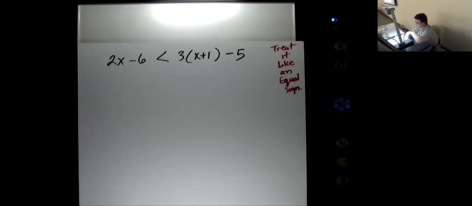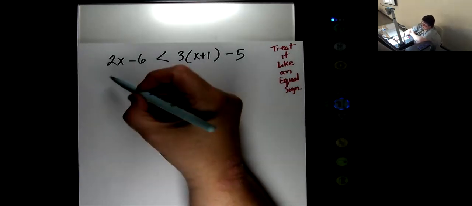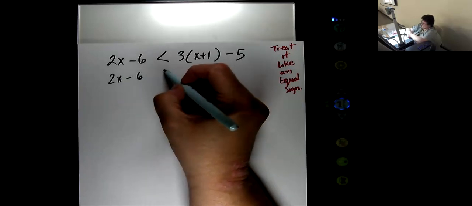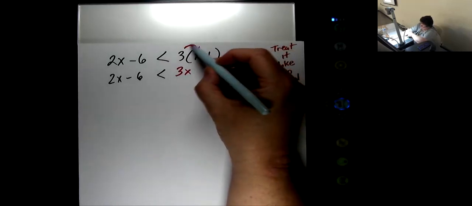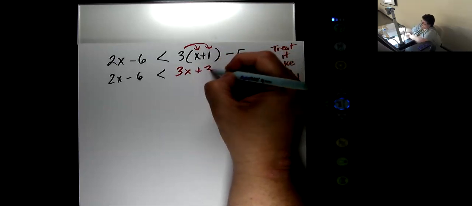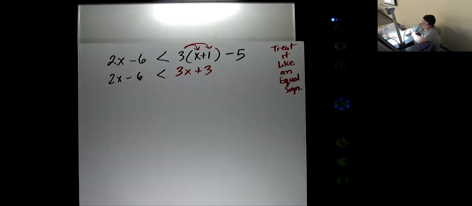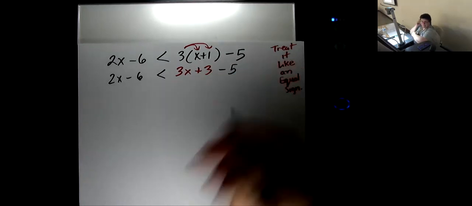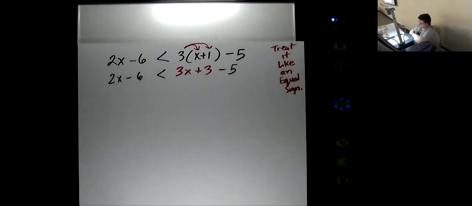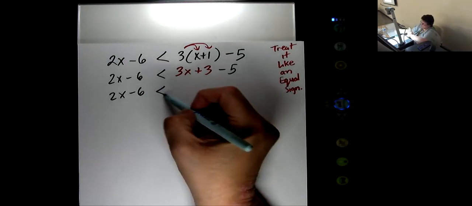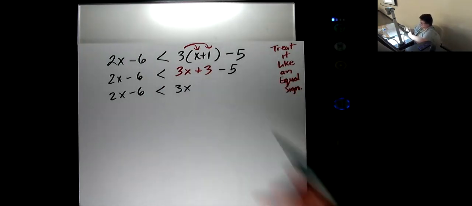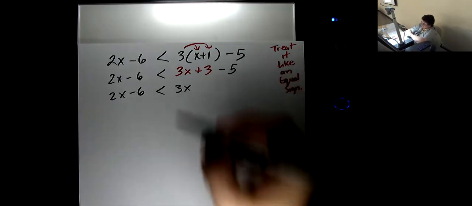So what we would do here first is distribute that 3, which means multiplying the 3 times the x, and I get 3x. And I multiply the 3 times plus 1 and I get plus 3. Then I see two numbers on the right, and I'm going to combine them. 3 minus 5 is -2.